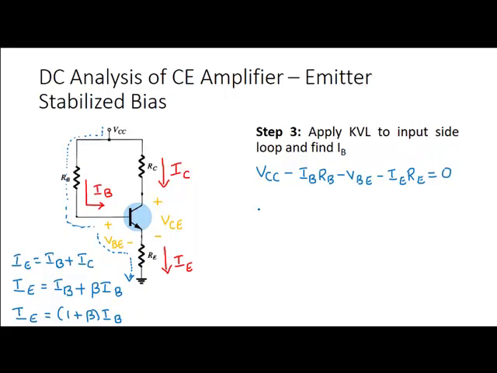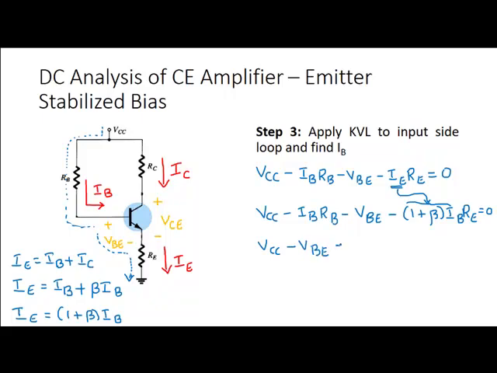So let me rewrite this expression. VCC minus IB RB minus VBE. I'll rewrite IE in terms of IB as 1 plus beta times IB times RE equal to 0. So I have replaced IE with 1 plus beta times IB. I'll rearrange the terms to find out what is IB. So we get VCC minus VBE minus IB, I'll take common.